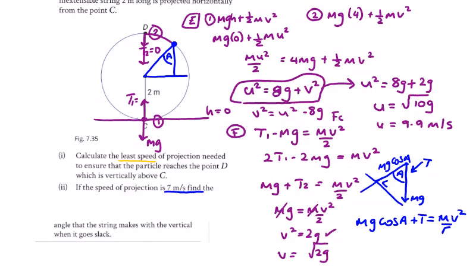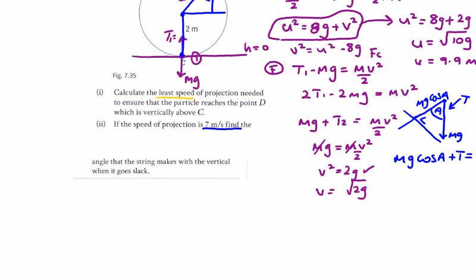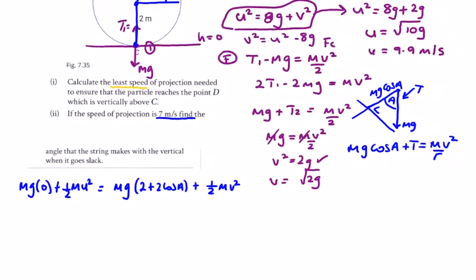And if I take my position, it's going up 2, and then this is 2, so this is 2 cos A, so it's risen 2 plus 2 cos A. So mgh at the start plus a half mu squared is equal to mg(2 plus 2 cos A) plus a half mv squared. So with these two equations, we should be able to solve.